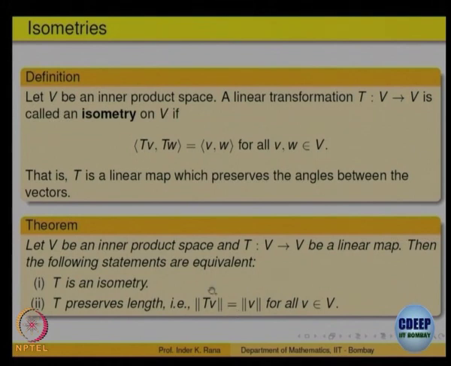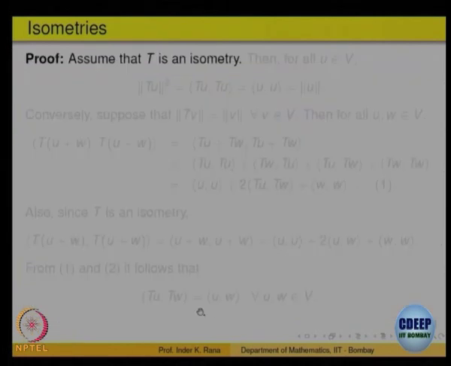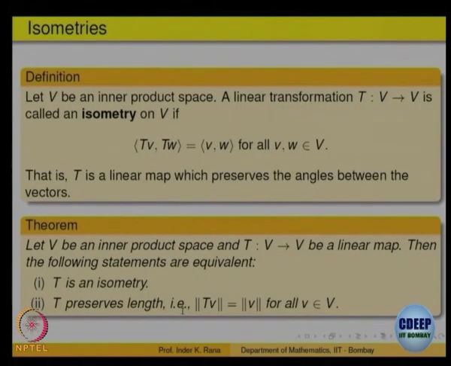Here we said it preserves the inner product, which is related basically to angle. So T is an isometry if and only if it preserves the notion of distance also; the magnitude of the vectors is kept intact. So an isometry takes lines to lines, preserves angles as well as the magnitudes. They are sort of the perfect transformations in the plane.